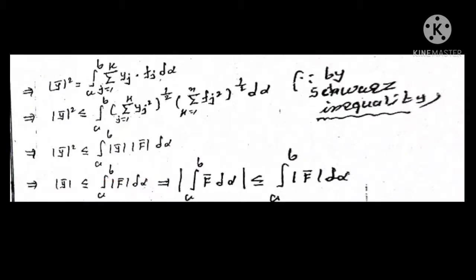implies modulus of y bar is less than or equal to RS integral of modulus of f bar with respect to alpha on closed interval ab.